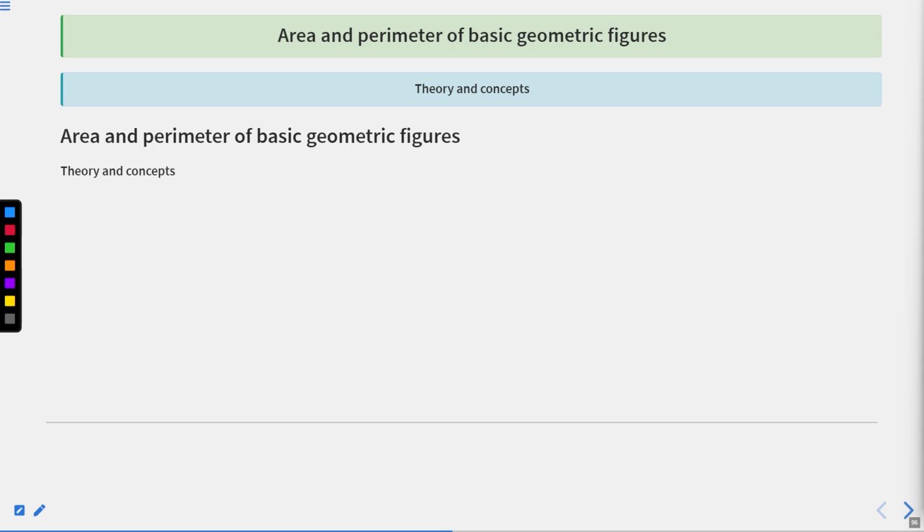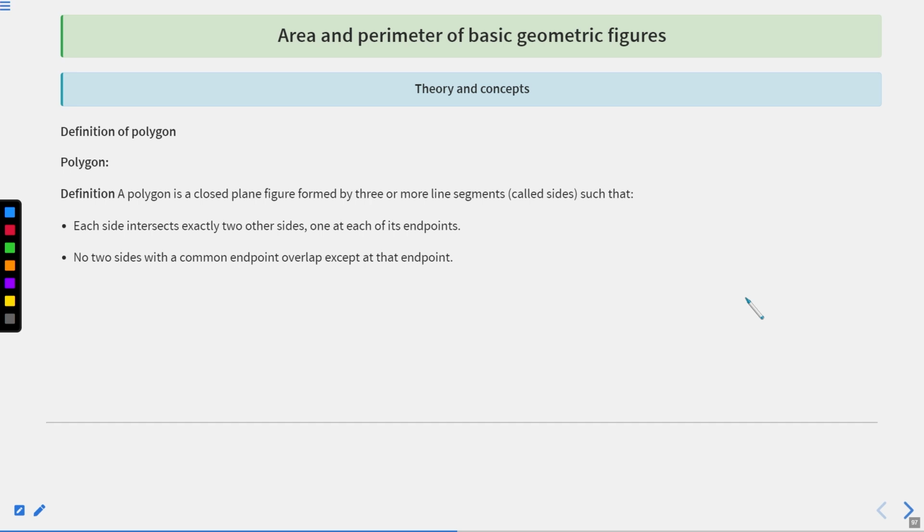So today we are going to move ahead with polygons. So what is a polygon? A polygon is a closed plane figure formed by three or more line segments. One important thing to notice is that it's a closed figure formed by three or more line segments.